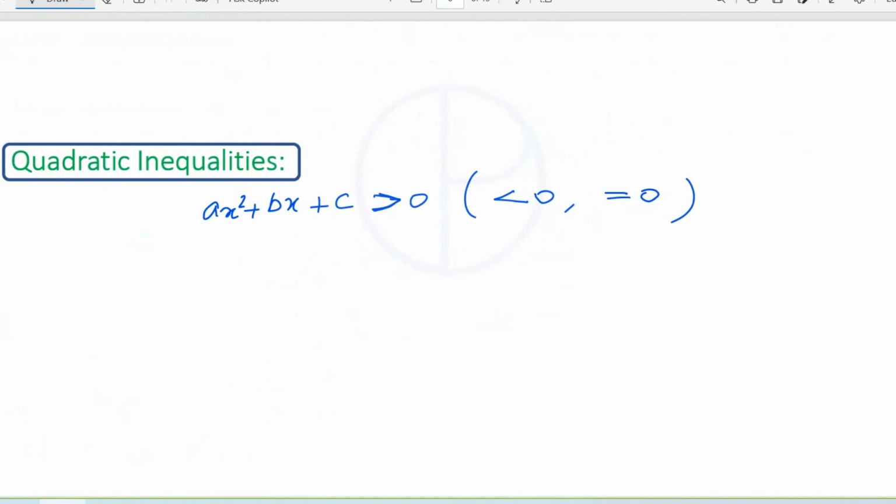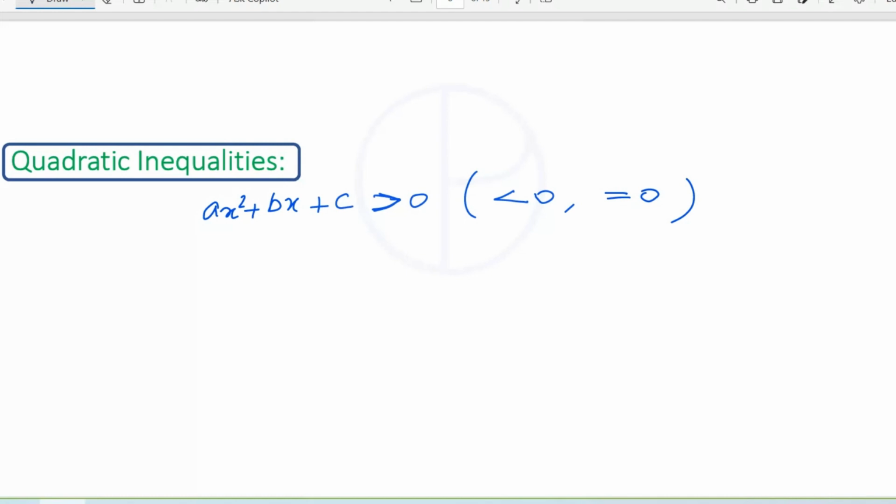Then find the roots of this equation, assuming ax squared plus bx plus c equal to 0. Then sketch a graph and mark the roots. That is your third step. First step is to rearrange the given expression as a positive squared form. Second step is find the roots, and third step is sketch a graph and mark the roots.